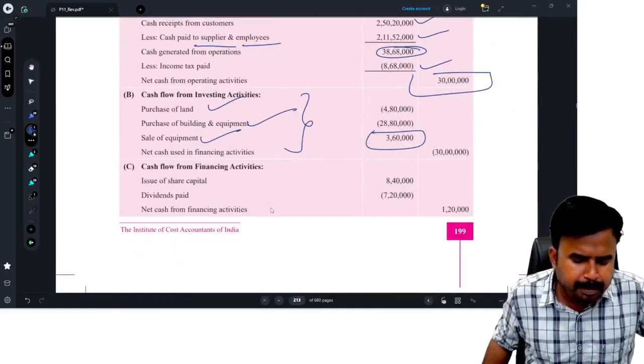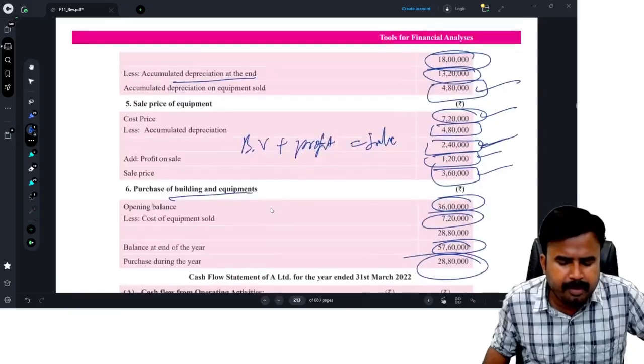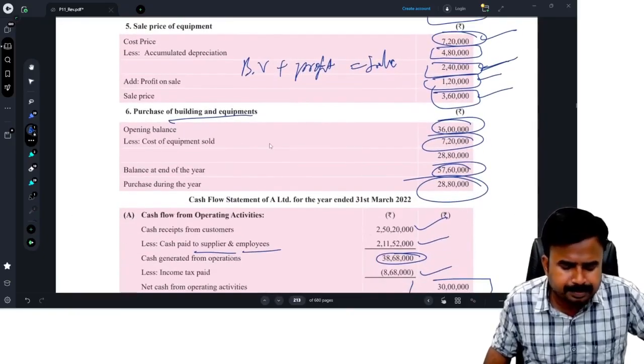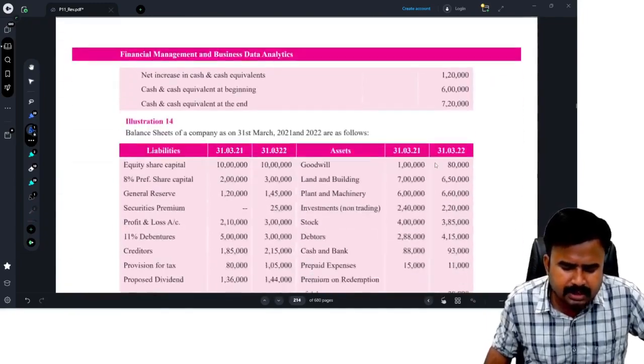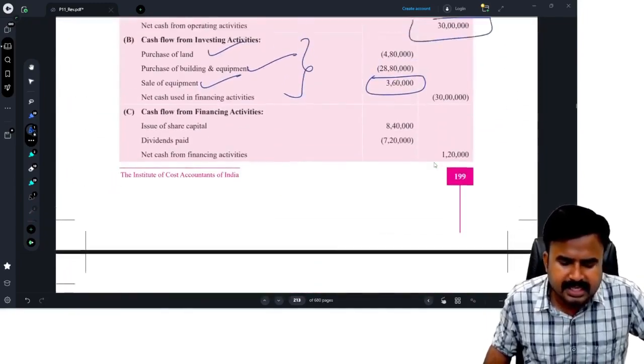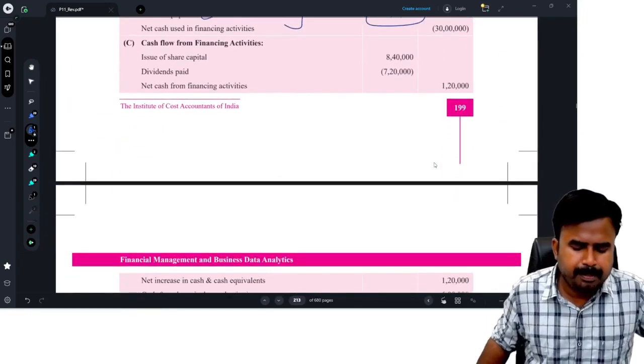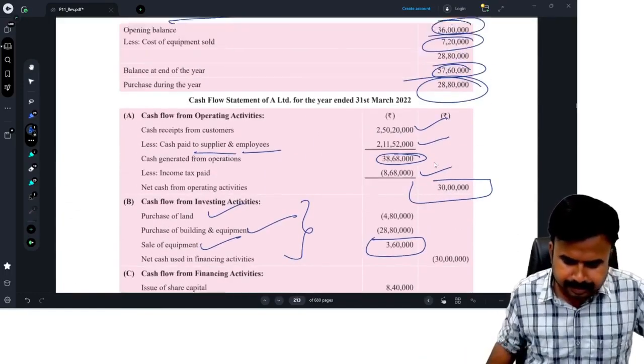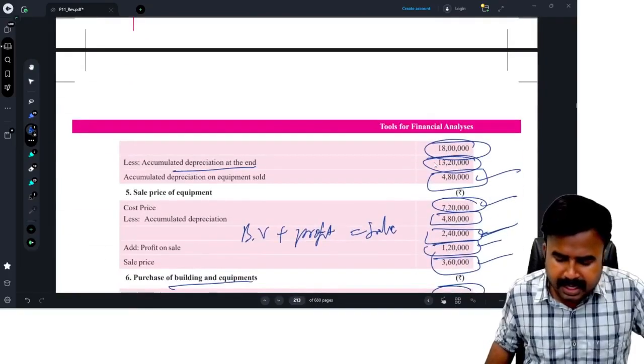Then the next one is purchase of building and equipment. See, already we have prepared this working note. Purchase of building and equipment is 7 lakh 20,000. That's the transaction. Building and equipment. Okay, fine. Purchase of building and equipment.